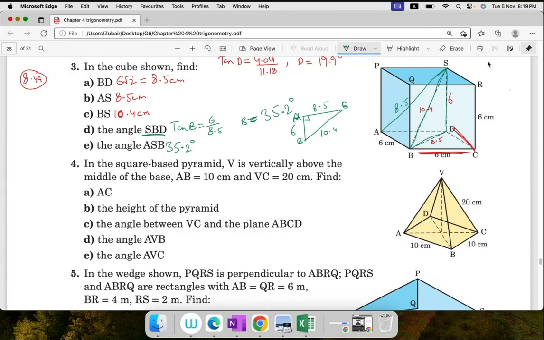If you wish to solve again, you can, or else we can just copy from the previous part because all three dimensions are the same, and the angle is also at the same location, in front of 6 in both cases. Is it clear? Yes, sir.